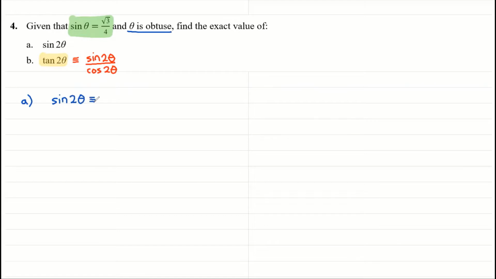It is, of course, 2 sine theta cos theta, which is relatively simple, and there's no variation on that. We've got sine theta already, that's accounted for in the question. It's a positive value. So that's fine. We just need to find out what the cosine of theta is going to be.